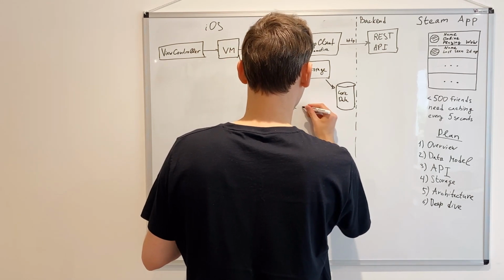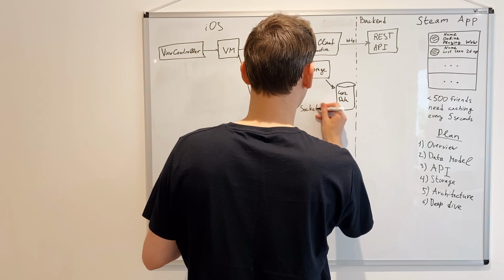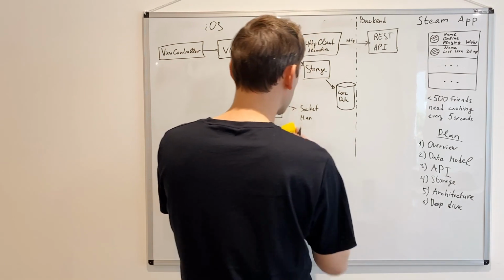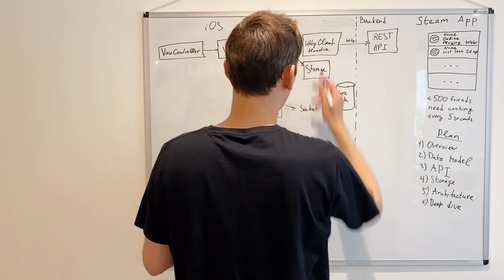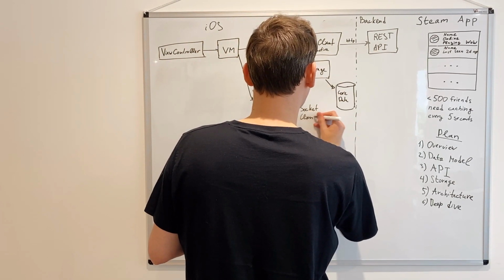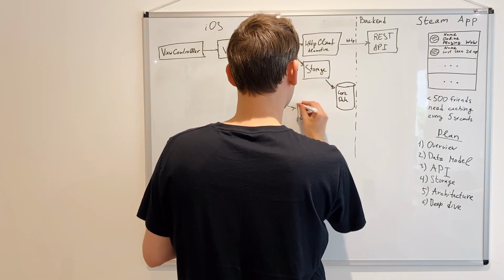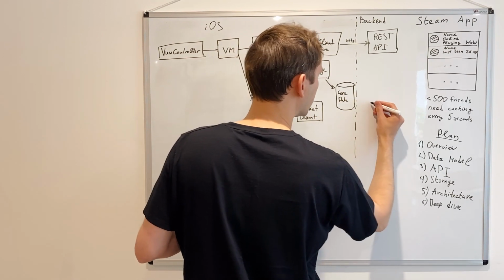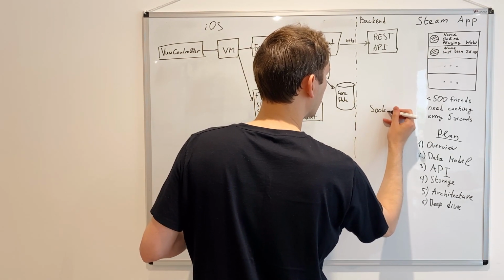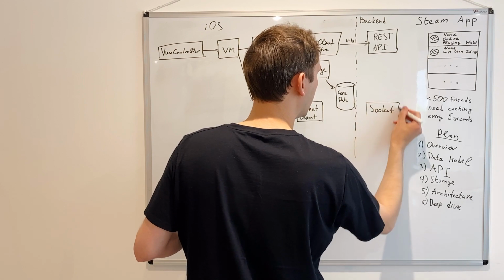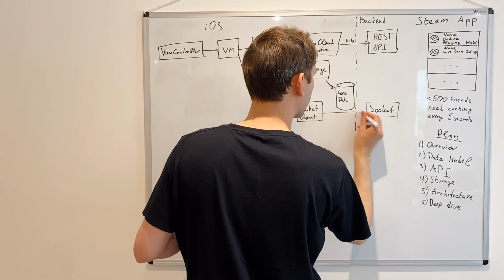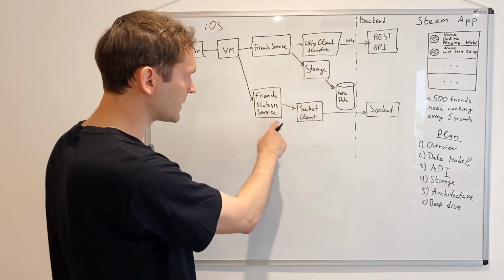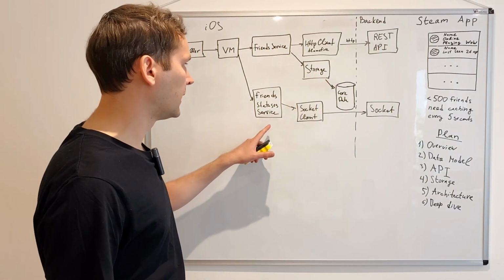So here, let's say we have a class that is called Socket Manager or Socket Client. Yeah, I think Socket Client is better because we have an HTTP client or REST API client. So we have here Socket Client. And on the backend, we will have this custom socket for the statuses. And here we'll have a connection. Okay, cool. So we don't need storage for statuses because they are really volatile.